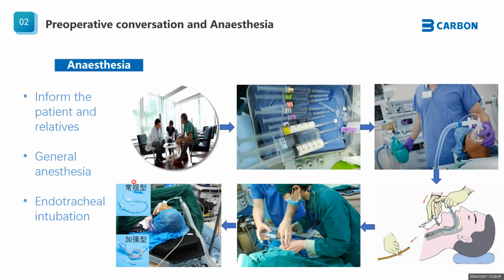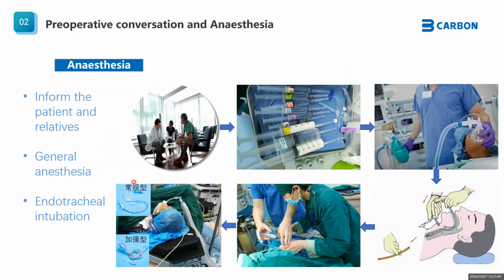Appropriate considerations and anesthesia. For the PCNL, mostly in clinical practice, we take general anesthesia. So before the surgery, we have to tell the patient and their relatives, their family, about the anesthesia and the surgery, and we have to get their approval and then prepare for the anesthesia.